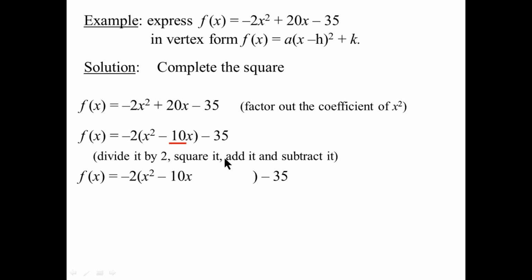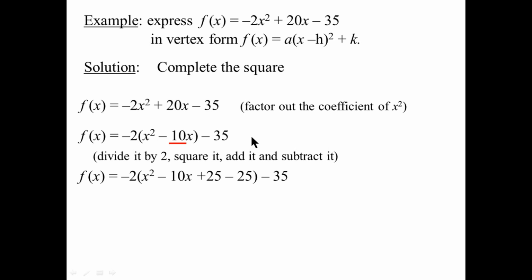And then square it, and that's easy also. 5 squared is 25. And then you have to add it and subtract it. And you have to remember those 4 steps. Divide it by 2, square it, add it, subtract it. So it'll be 25 added and subtracted in that order in the room that you made in the brackets.